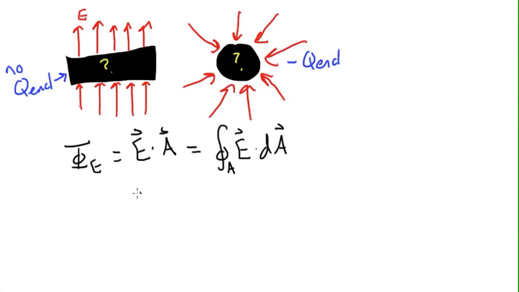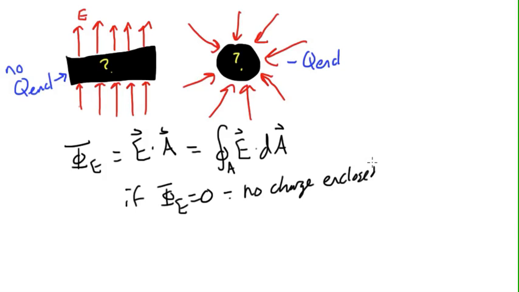And if phi E is 0, so the amount of electric field times the area coming in equals that which is leaving, so that's what we have up here. Phi equals 0, then there's no charge enclosed. And if phi E does not equal 0, like up here, then charge is enclosed.